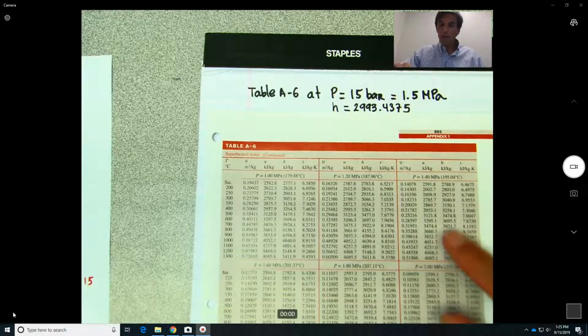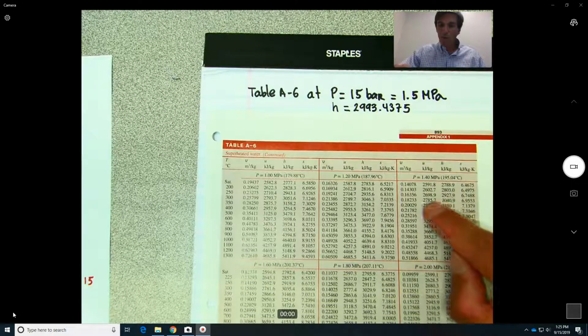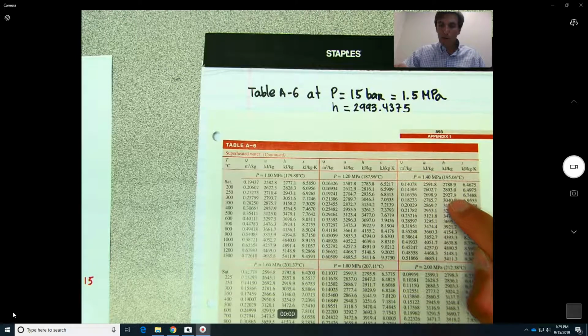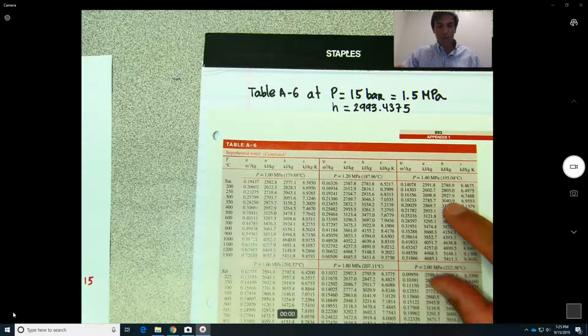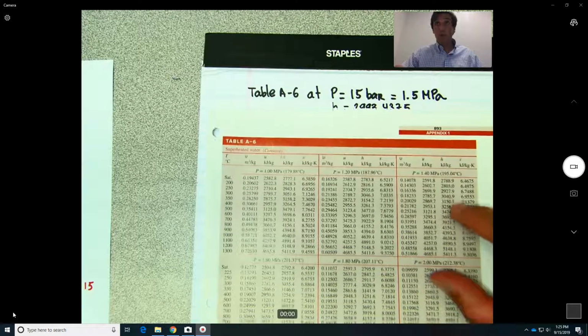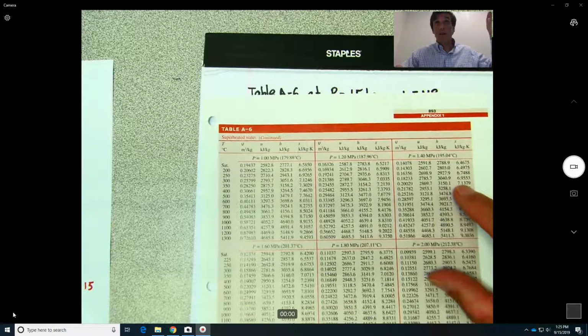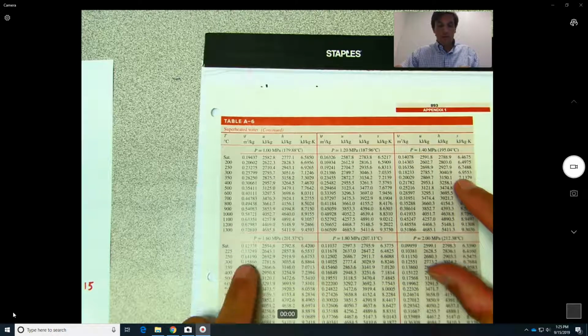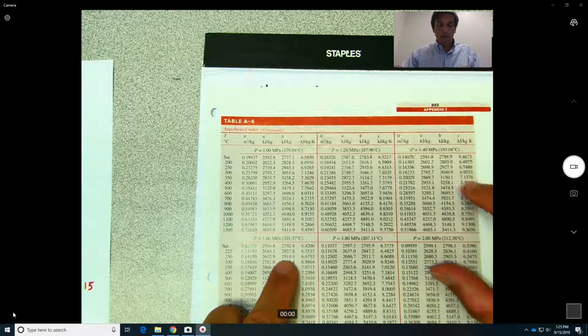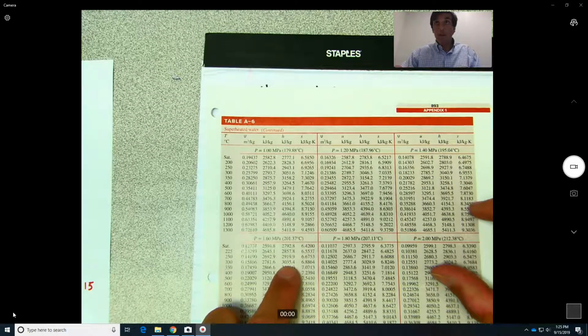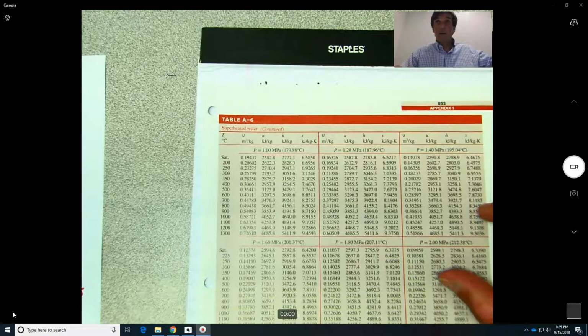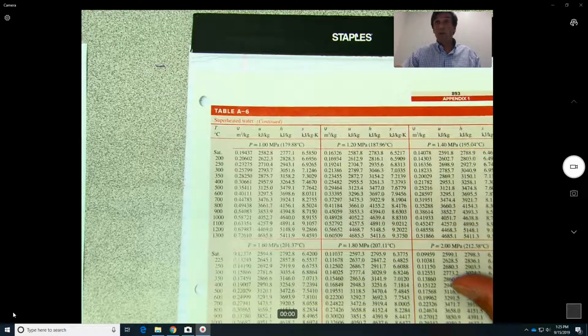So it's over here. So at 1.4 that corresponds to between the temperature of 250 and 300. And on the table of 1.6, the same values give us 2919 and 3035.